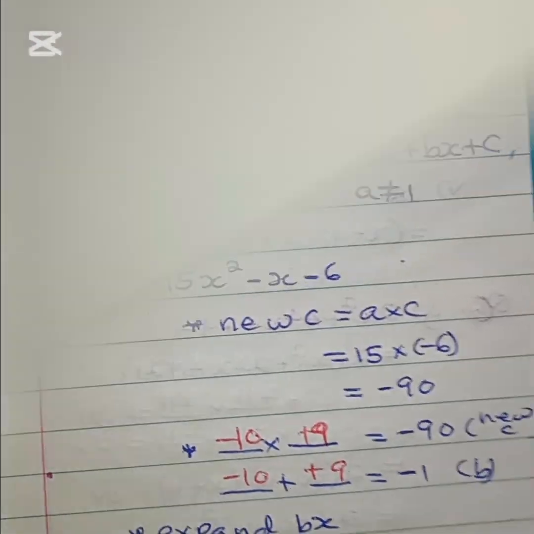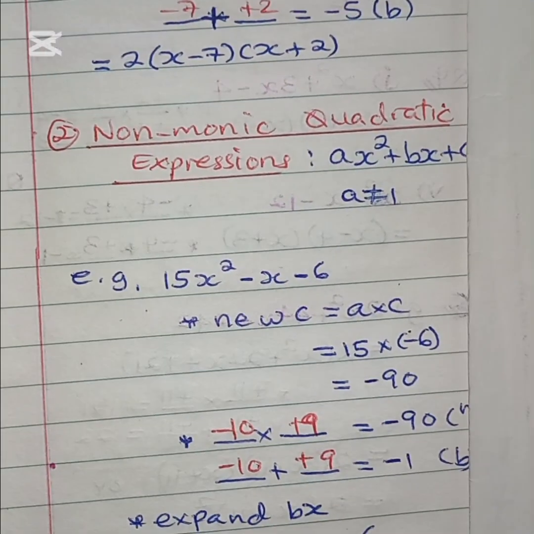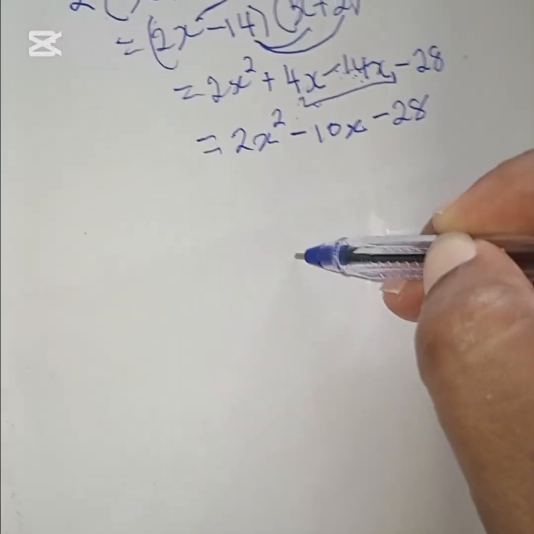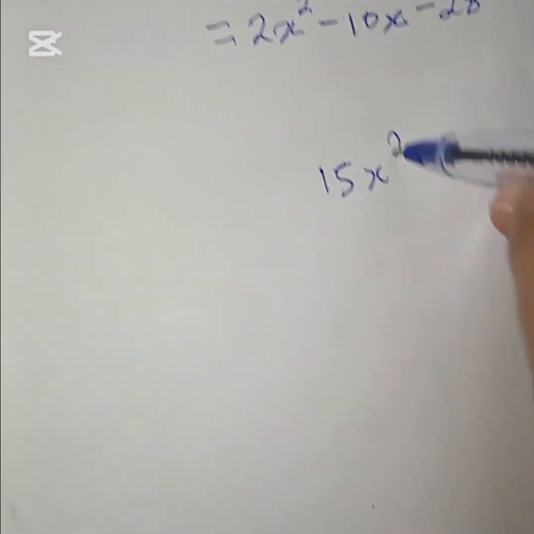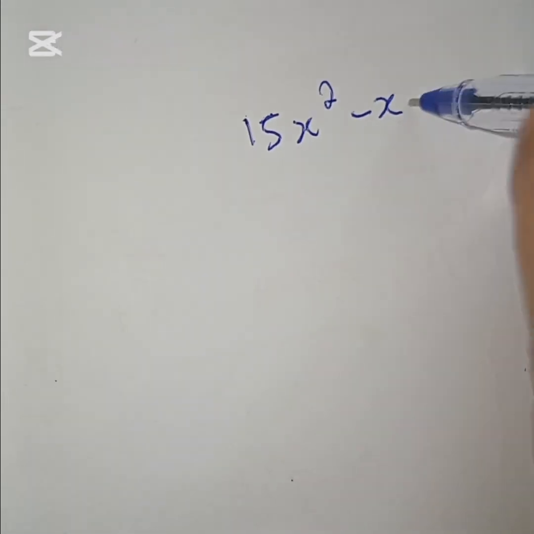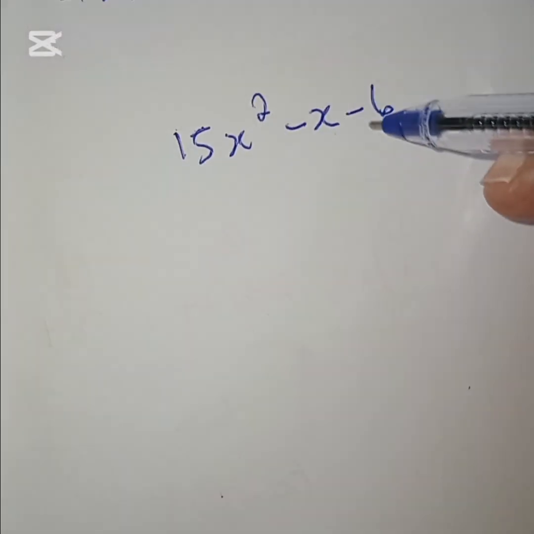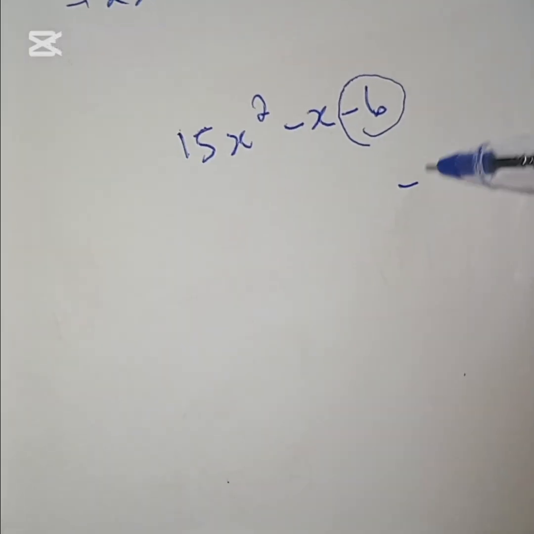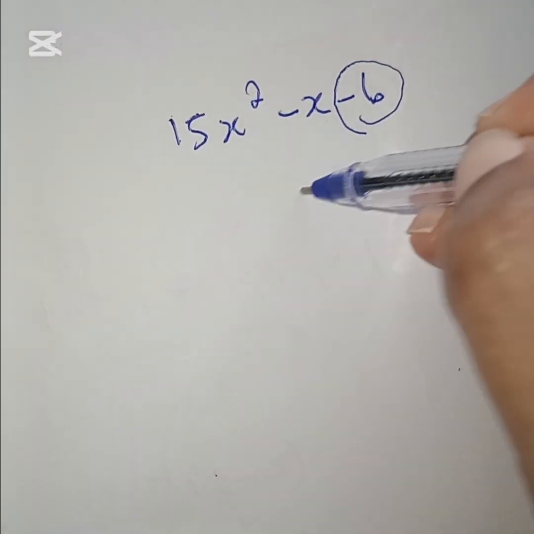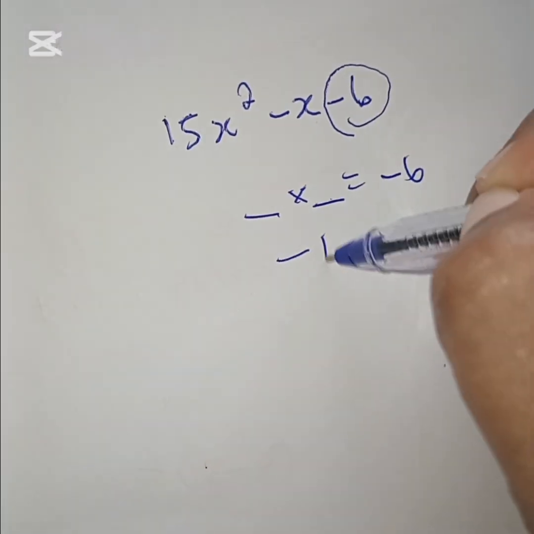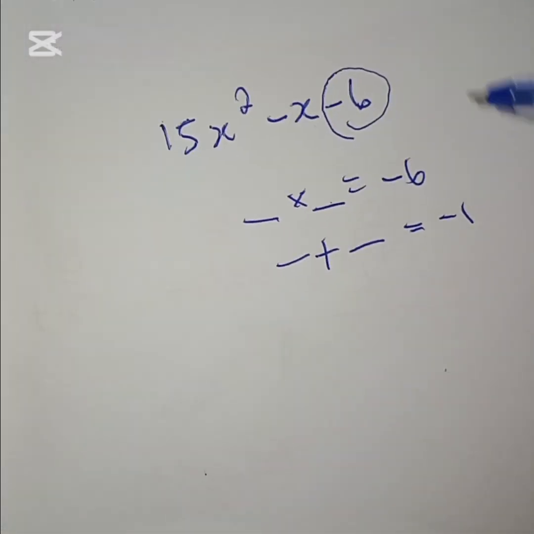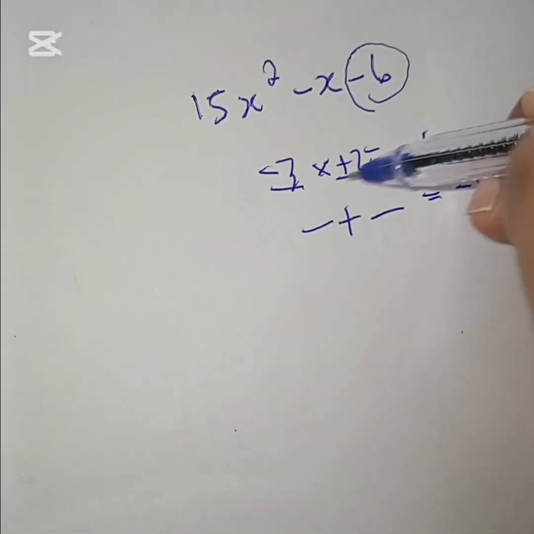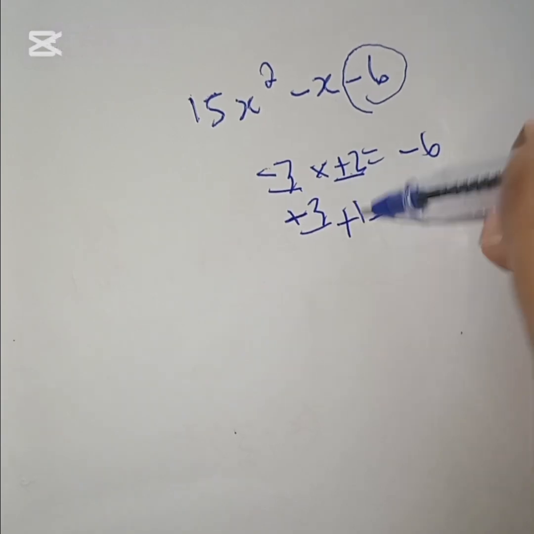Let me show you. We have 15x squared minus x minus 6. The two factors of negative 6 that can add to give negative 1 are negative 3 and positive 2.